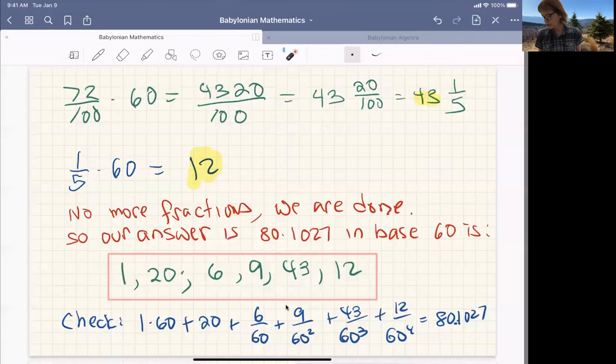And then when you did your check, because you didn't do all of the digits, you only did some of them, you'd get an answer that would be close to what you started with, but not exactly. Like it would be off in some decimal digits at the end.